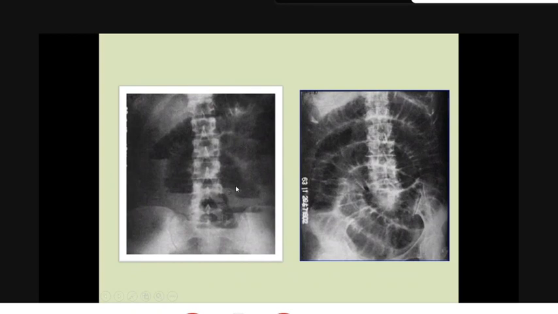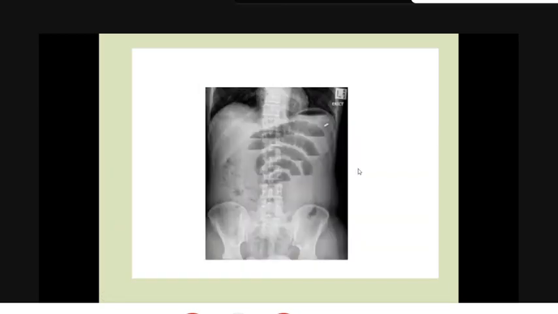In erect position, we can see multiple air fluid levels. On the supine film, we can see multiple dilated bowel loops. In this film also, this is erect position, and we can see multiple air fluid levels. Now we will see how we can differentiate small from large bowel. Hopefully in the coming minutes we can differentiate between them.